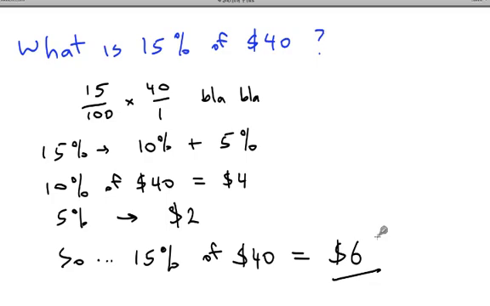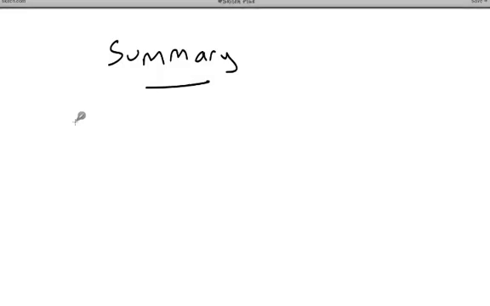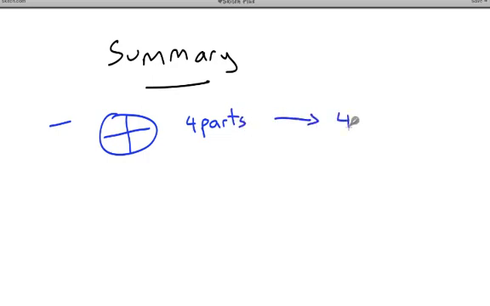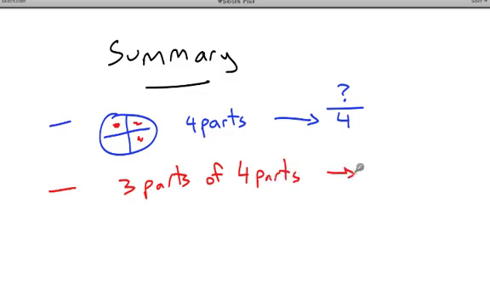So there you have it, the basics on percentages as well as the basics of fractions. So 4 things you have to know. Firstly, the number of parts that the whole is divided up into becomes the denominator. Secondly, the number of parts that we're looking at, let's say 3 parts out of 4, becomes the numerator.